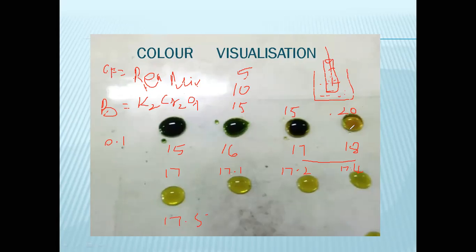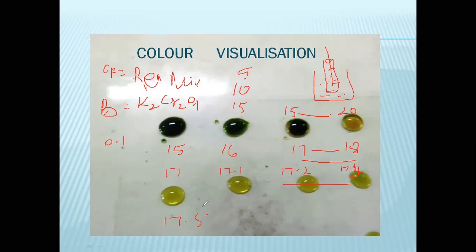That indicates the previous one is the end point, that is 17.4. So first trial you will find out the 15 to 20 range. Second trial you will find out the 17 to 18 range, and the third trial you will find out exactly. This is not 17.4, this is 17.3. Exactly 17.3 is the end point.